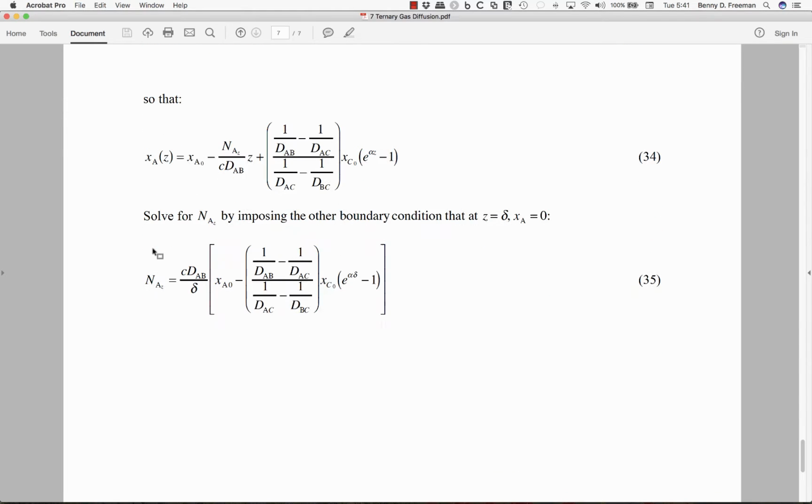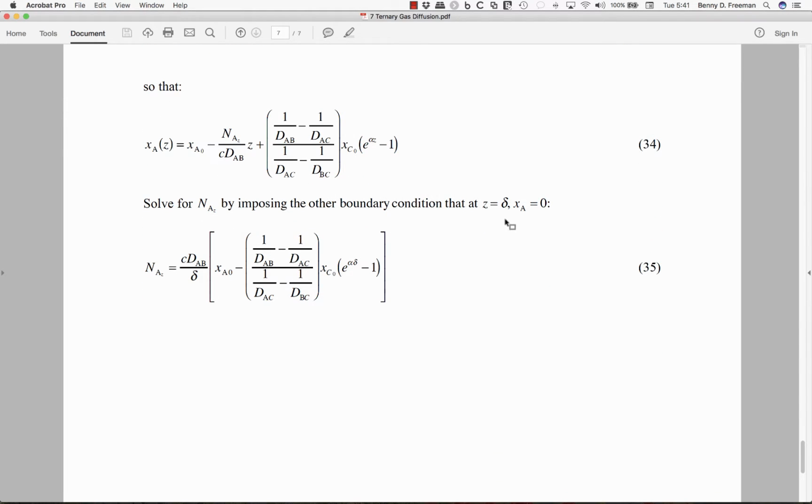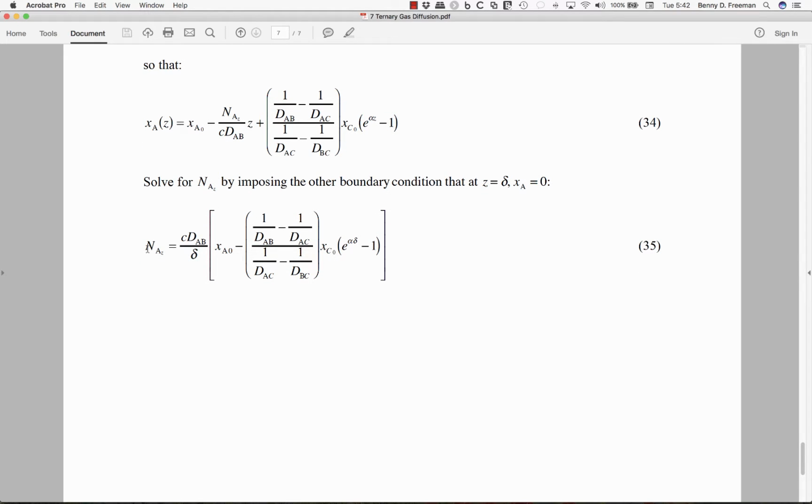We can also solve for the flux by imposing the boundary condition that at z equals delta, xa is equal to 0, and so we get the flux expression shown in equation 35. This is for the case where the stoichiometric coefficient n is equal to 1.